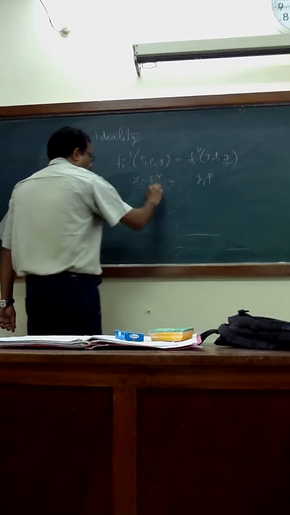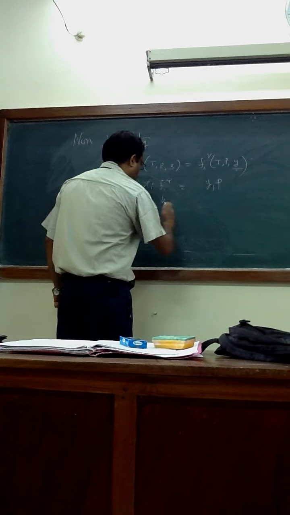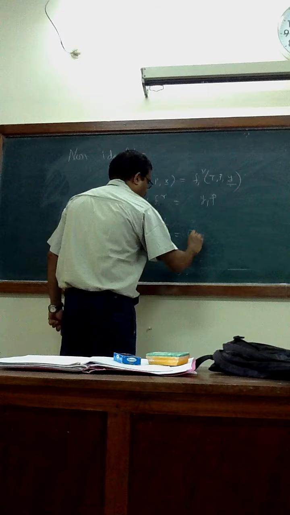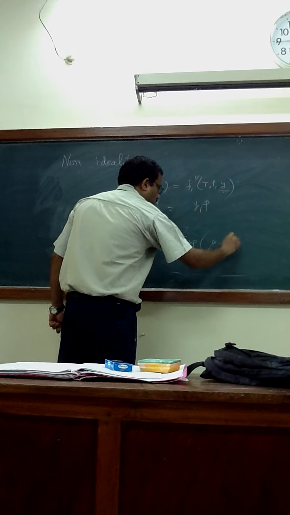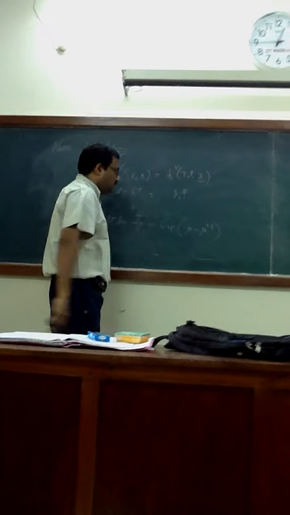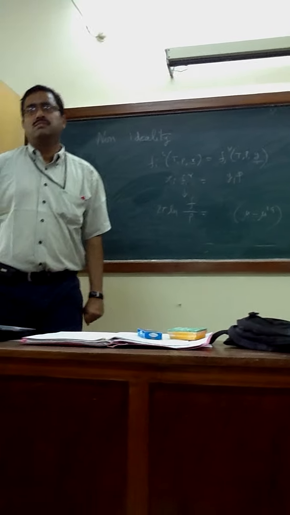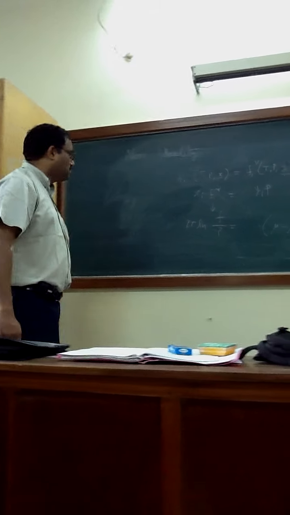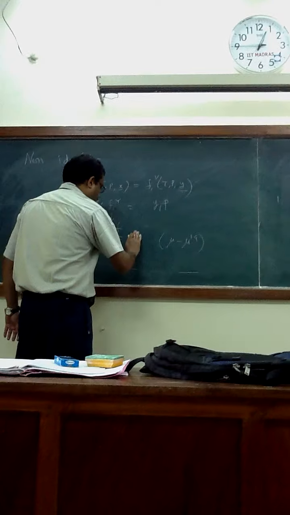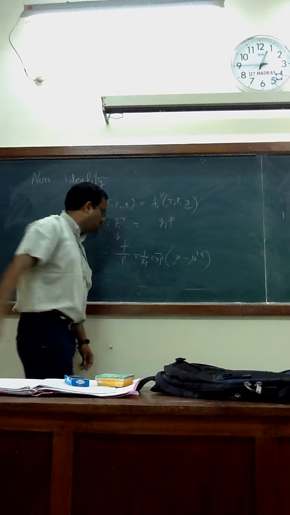And this thing is the fugacity for the pure component, and we have the rule. What is the rule? F by P is exponential of mu minus mu Ig, which is 1 by RT exponential of this.